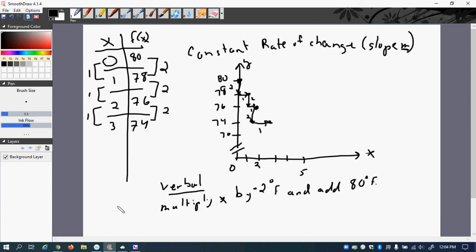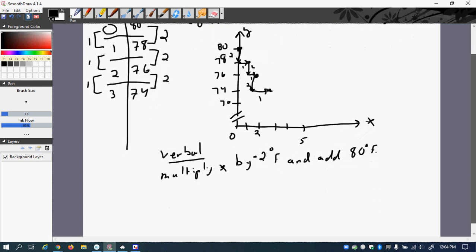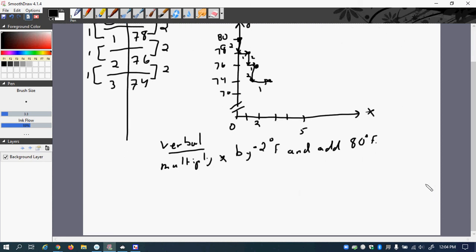Here's my verbal representation of this particular problem. Then if I want, I can do symbolic. The symbolic would be the actual equation. So symbolic would be something like f of x is equal to negative 2 degrees multiplied by x and then add the 80 degrees. This is my symbolic representation.